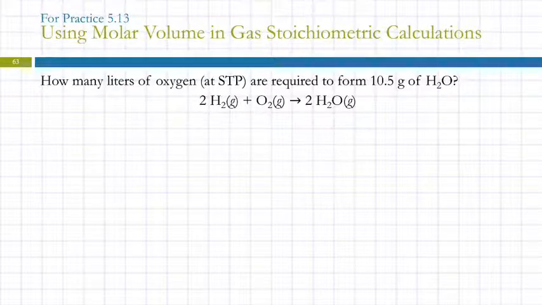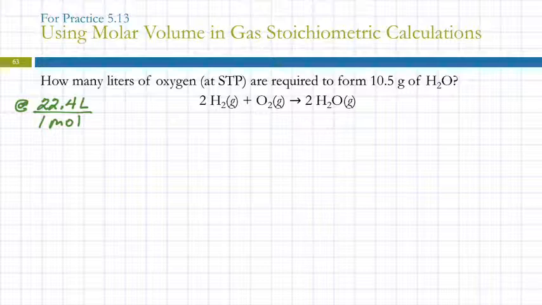Here's another example. This one's a little easier because of those wonderful letters at STP. So when it says at STP, then we know that there are 22.4 liters per 1 mole of gas. And that's true for any gas.